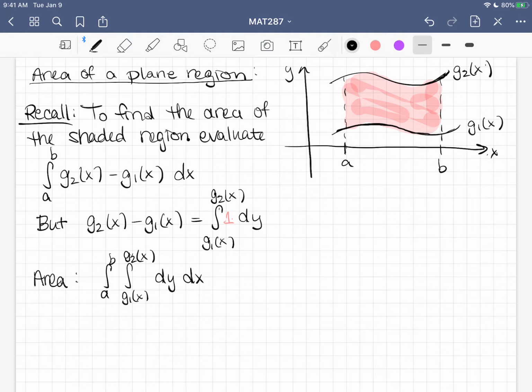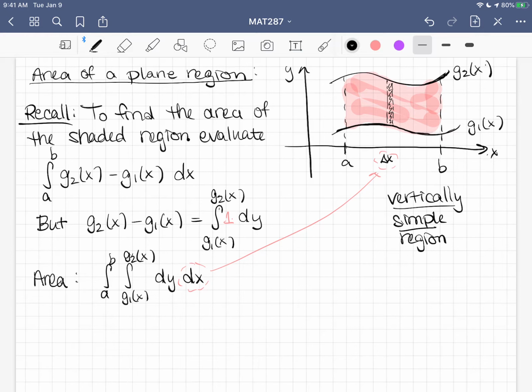Now this dx is taking slices of width delta x, and that's where the dx is coming from. This region that I've drawn here is called a vertically simple region. And think vertically because we're going to slice this way.